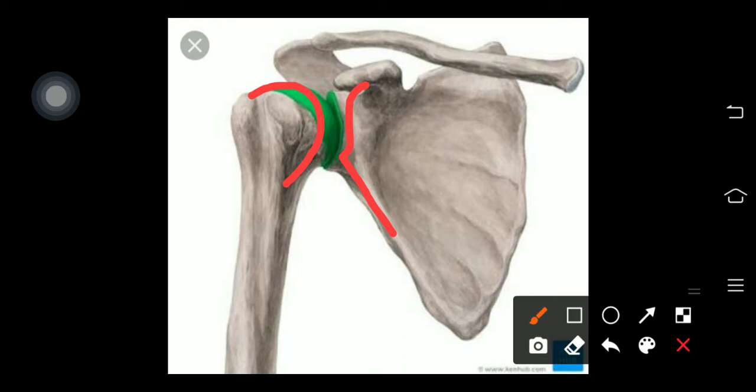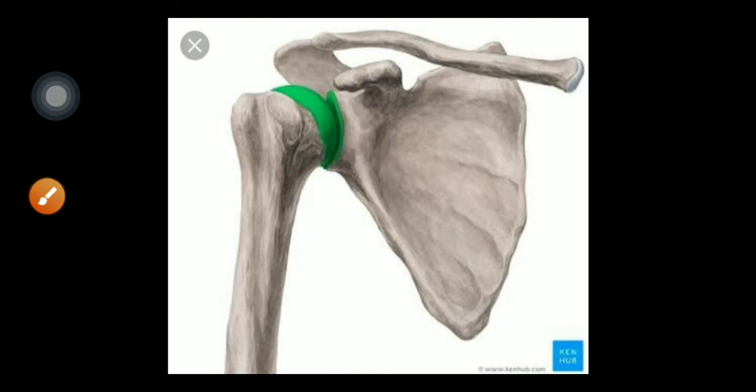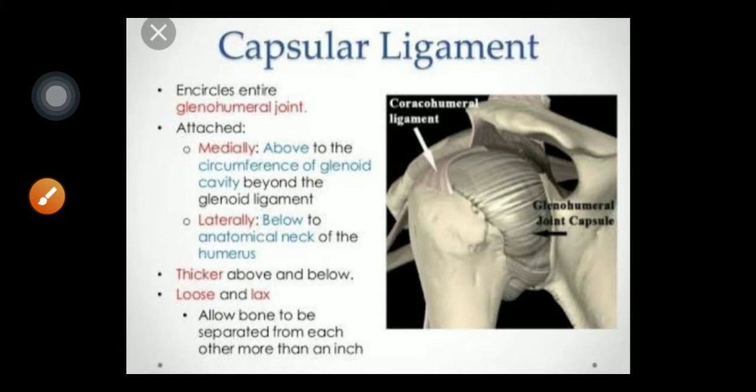It is a fibrocartilaginous ring present around the glenoid cavity, which deepens the glenoid cavity and increases its efficiency.